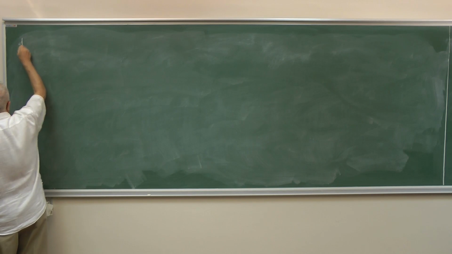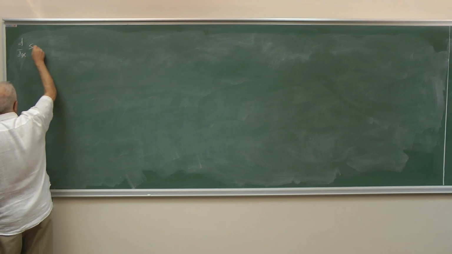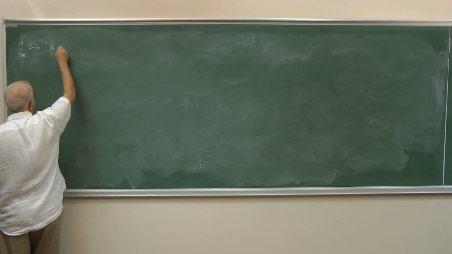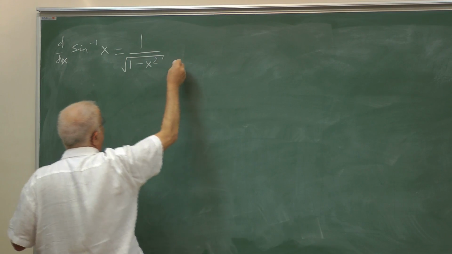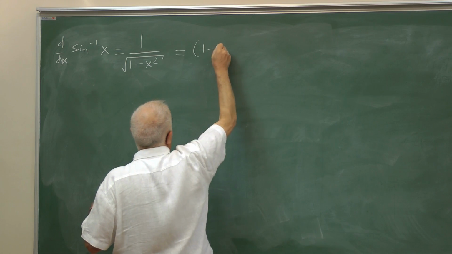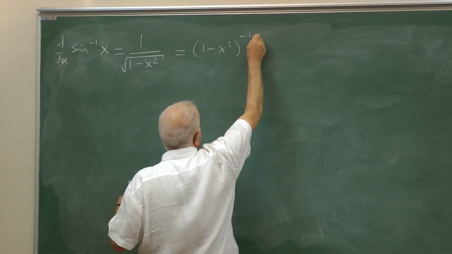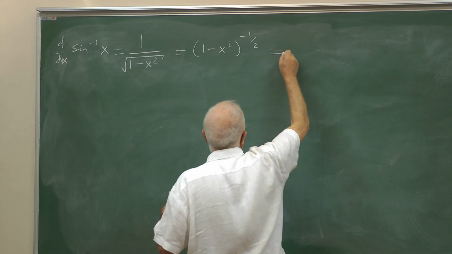So we go d/dx sine inverse x equals 1 over the square root of 1 minus x squared, or 1 minus x squared to the minus 1/2. What is this?